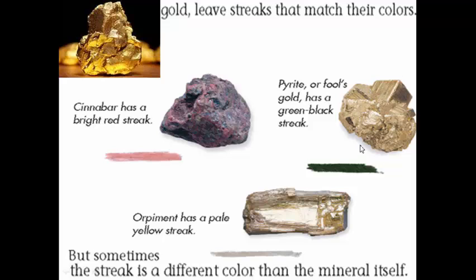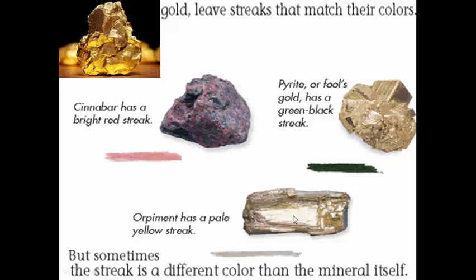So when you make a streak with this pyrite, you'll find that the color of the streak is green to black, completely different from the color of the mineral. I have here what we call false gold. Here, this color is green black, or green to black. So the streak powder is a different color from the mineral itself.